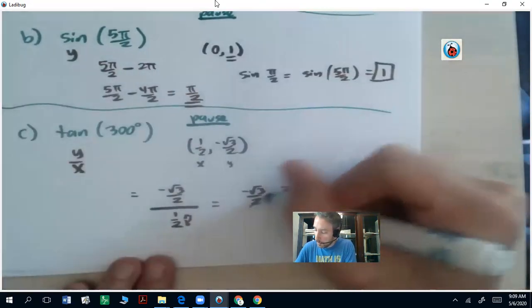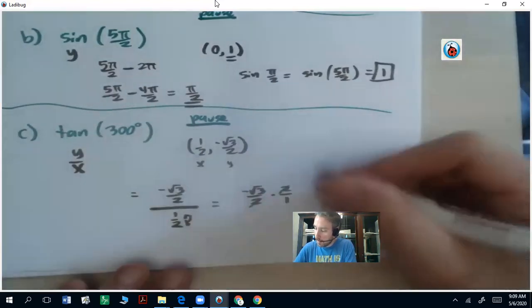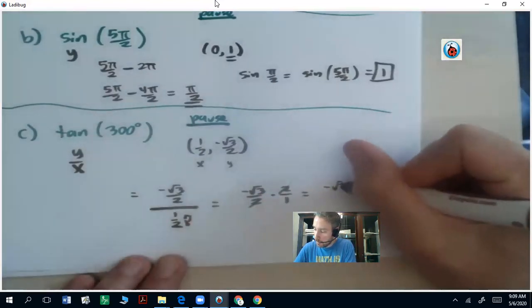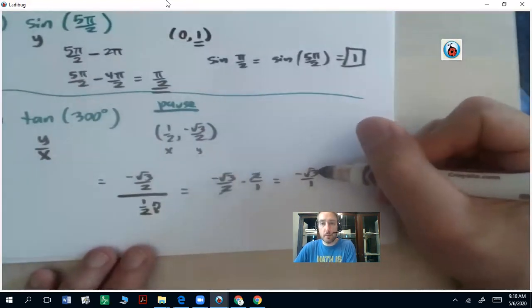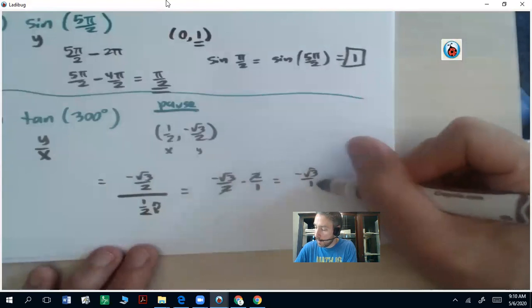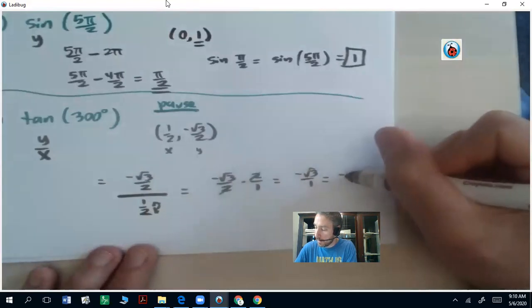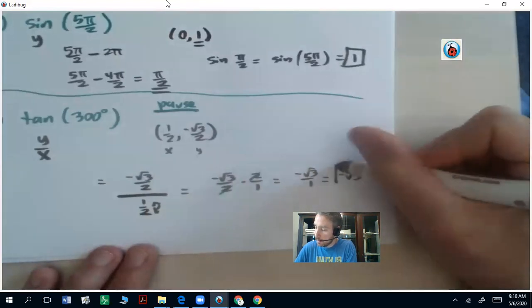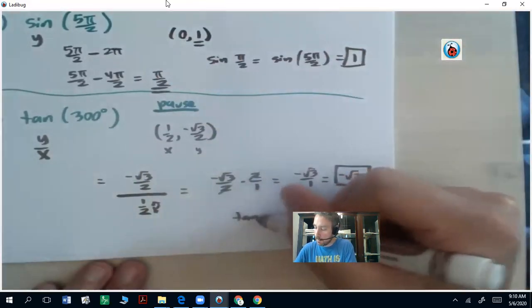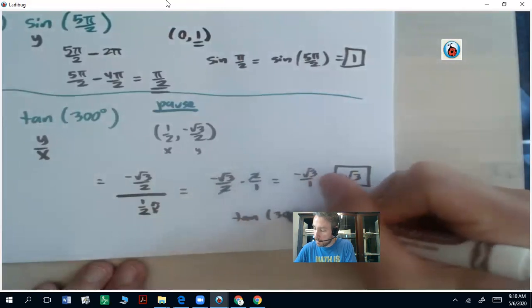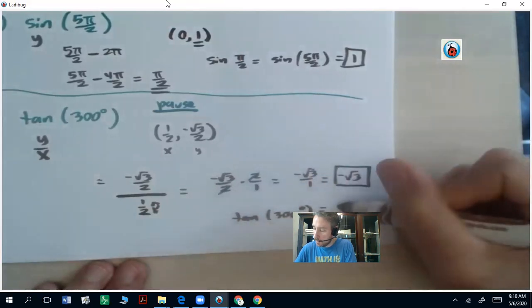In this problem, the 2's will cancel out, and you end up getting the negative square root of 3 divided by 1. Now in this case, because the square root of 3 is on the numerator, we don't have to do anything. But that 1 does not need to be there, so it's really just the negative square root. So tan of 300 degrees is negative square root of 3.